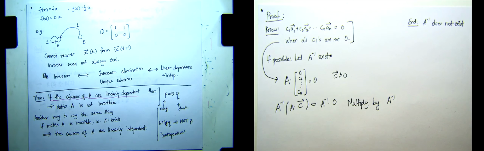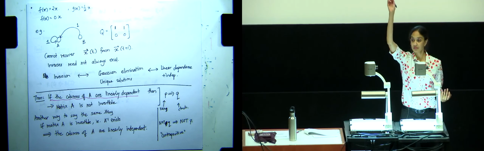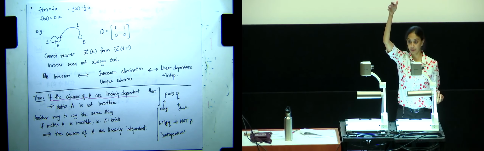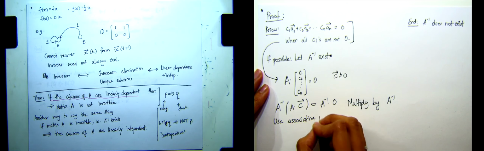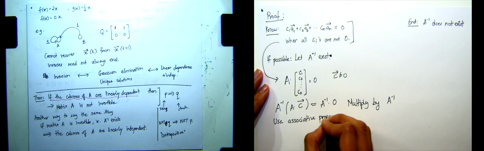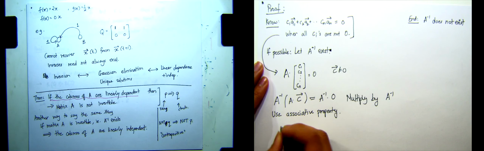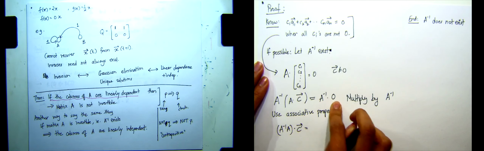Now what do you want to do? Someone at the back. Use the associative property, right? So now I have A inverse times A times C is equal to A inverse times 0, which I know is 0.